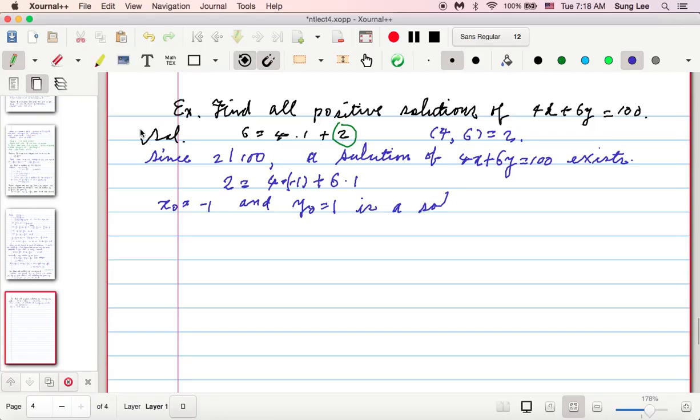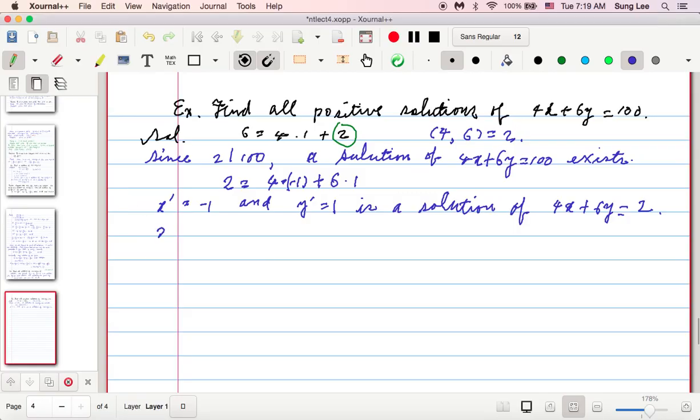I gotta use different notation, so x prime and y prime, as a solution of the equation 4x plus 6y equals their greatest common divisor, the greatest common divisor of 4 and 6, which is 2. So 2 times 50 is 100, right?